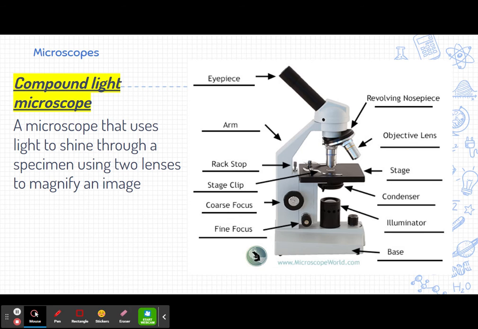You can start memorizing some of this stuff, or you can just wait till we use the microscope. The big thing is this is using light to shine through an object. So the specimen has to be really thin. You can't have something really thick and see all the way through it. And since it's using light, under light microscopes we can see a lot of critters that are alive.